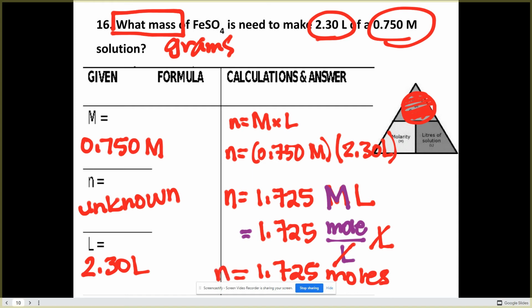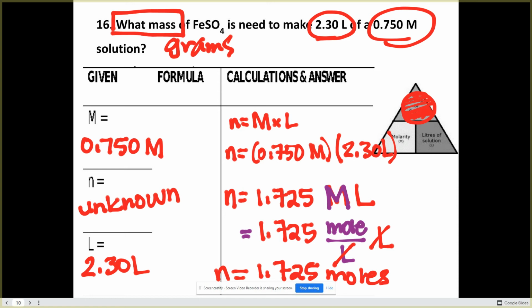Right, and that's n. The problem is we still don't have our final answer. Why? The question is what mass? So I need to convert this by multiplying it by its molar mass. So we need to figure out the molar mass of FeSO4. Hey Google, what is the molar mass of FeSO4? Okay, it's 151.9, so let's just go with 152.